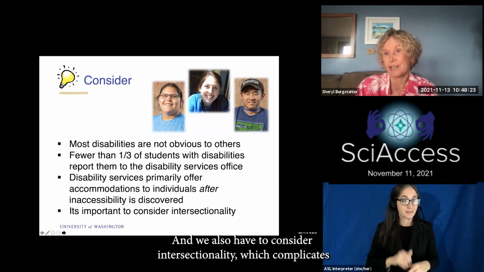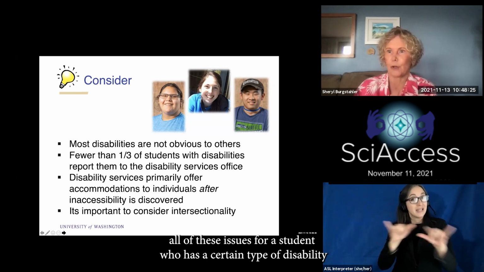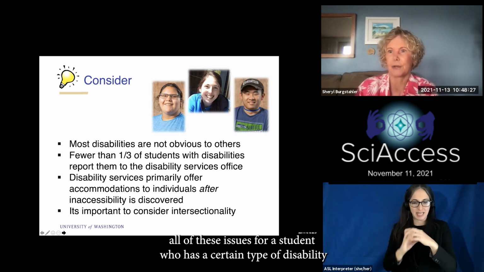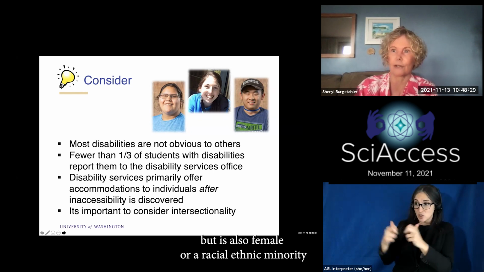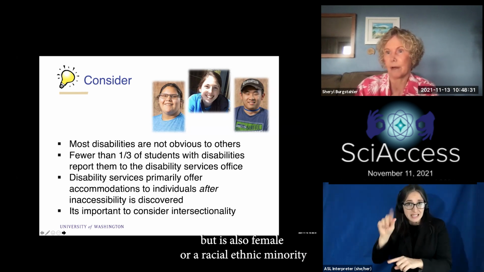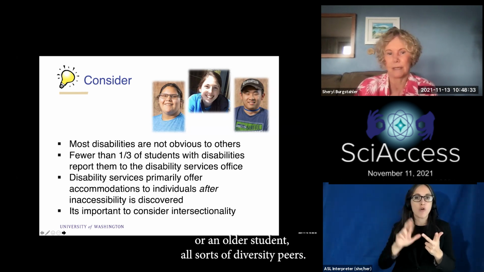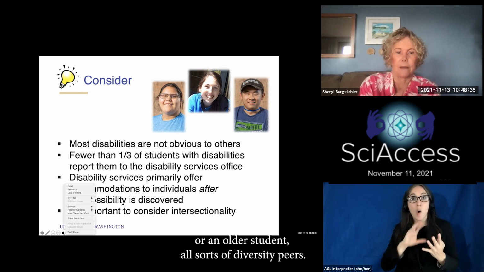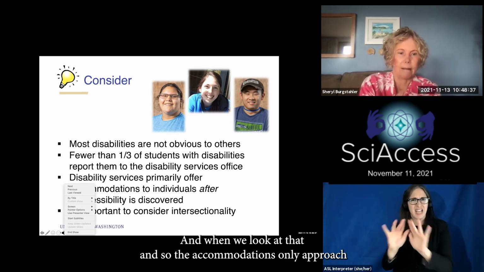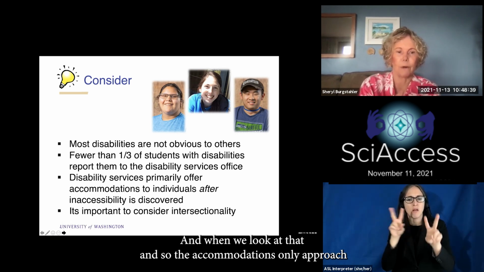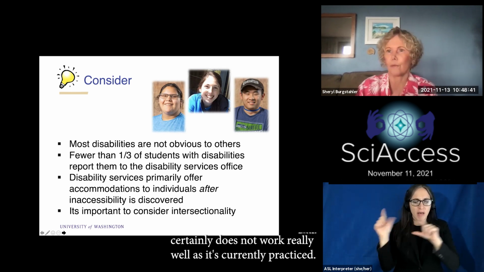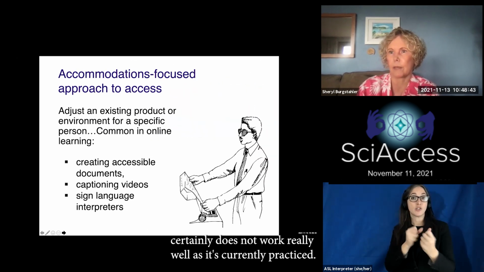And we also have to consider intersectionality, which complicates all these issues for a student who has a certain type of disability, but is also female or a racial ethnic minority or an older student. All sorts of diversity appears when we look at that. And so the accommodations only approach certainly does not work really well as it's currently practiced.